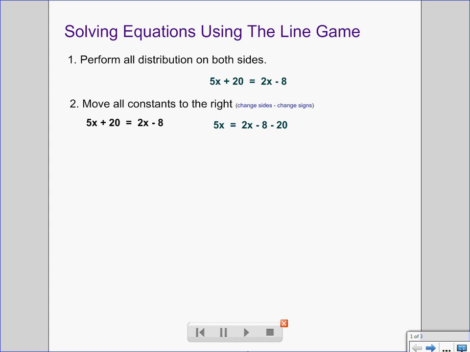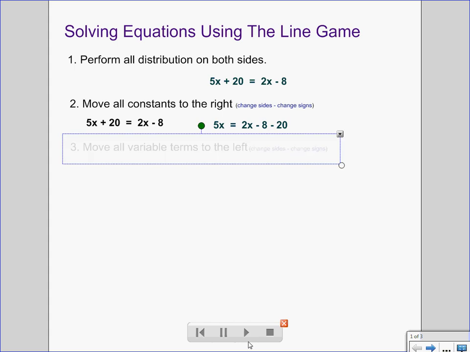Now, this is starting to look kind of lopsided, but in order for us to combine like terms or to get rid of one of the x's, we have to solve for one x. Okay, it has to be x equals something. We have to get all the terms, the x terms, on the same side. So our next step is going to be to move all variable terms to the left.